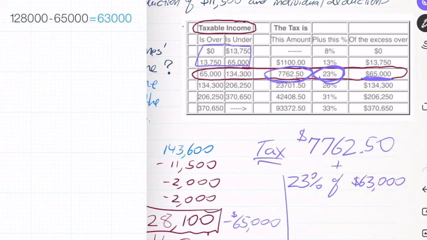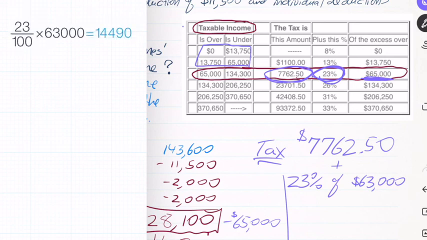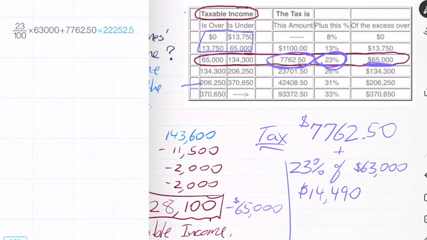All right, so 23% of $63,000 is $14,490. If we add on the $7,762.50, we'll end up with a tax that is $22,252.50.